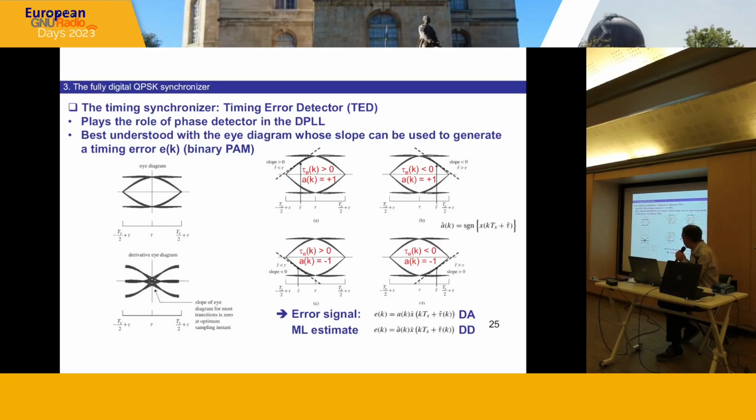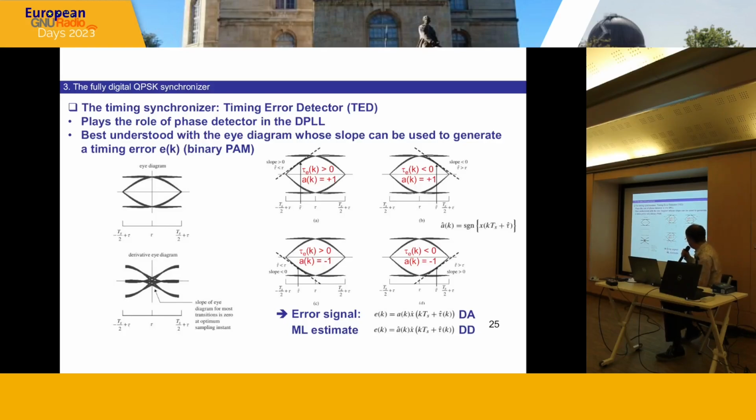If you take the time derivative of your eye diagram, you get the figure on the left. So you see that the optimum sampling instant is when you've got zero transition. So it's interesting to see that we could design a system to calculate the error using the eye diagram and also the derivative of the eye diagram.